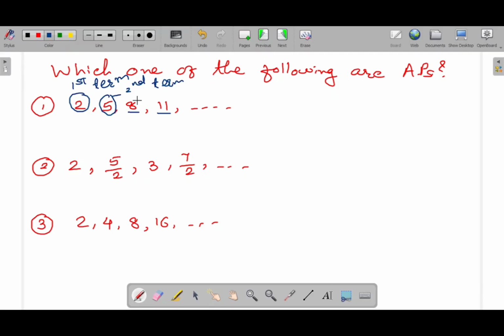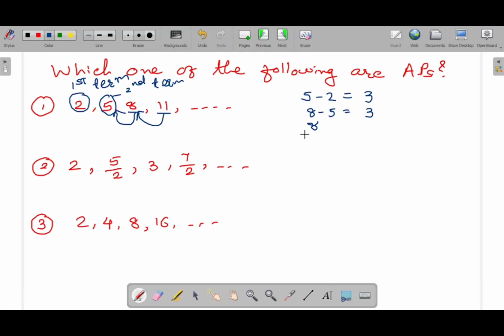Now if I subtract the first term from the second term, I'm again repeating, subtracting the first term from the second term, you see the answer I'm getting is 3. Similarly, if I subtract the second term from the third term, again I am getting 3.